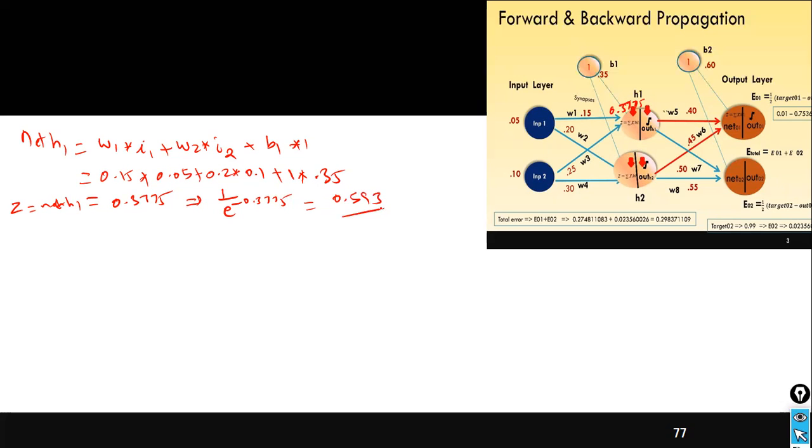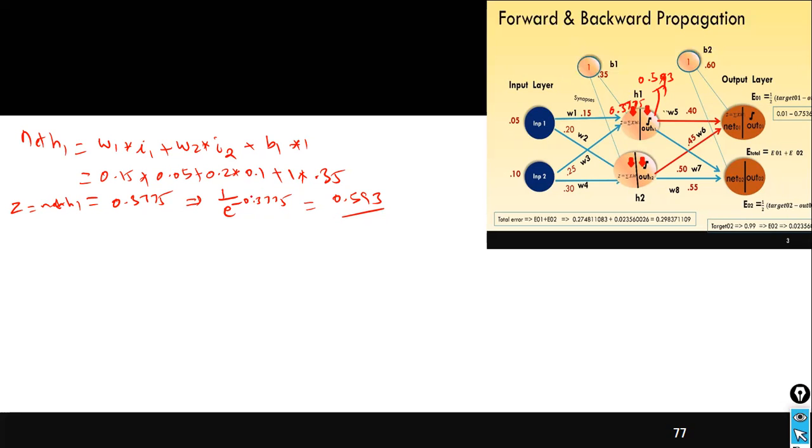This is what your out H1 value is, 0.593. Basically, the sigmoid function is used in this case. The sigmoid function squashes the value between 0 and 1, right? So in this case, we are getting 0.593.